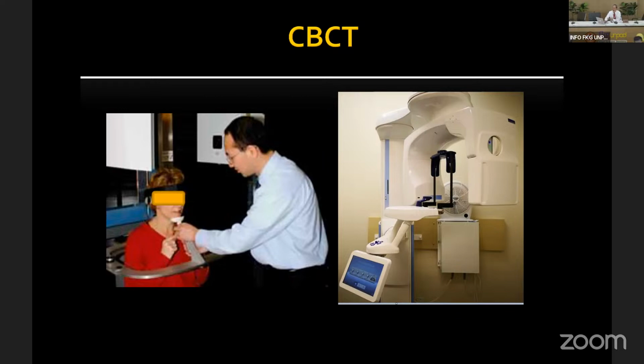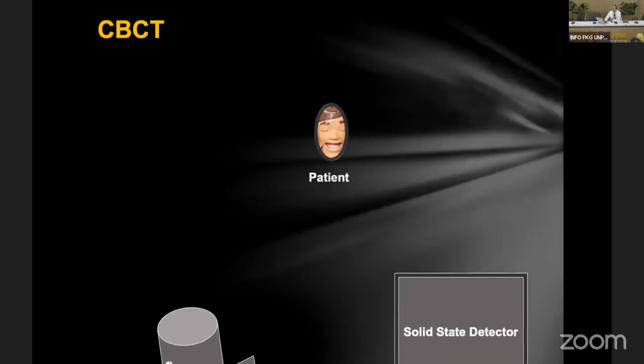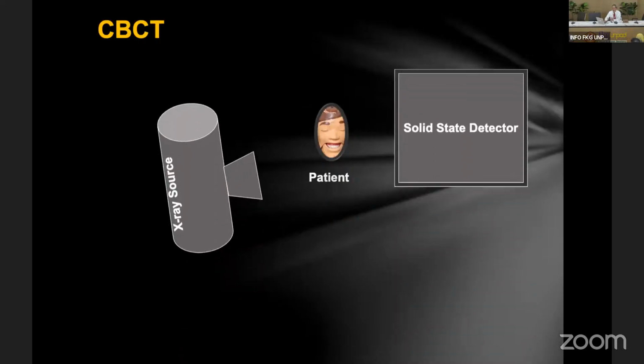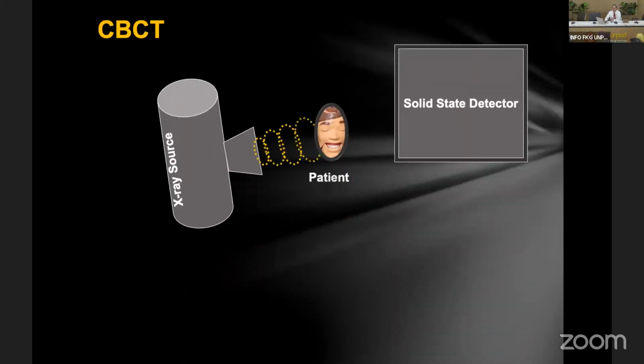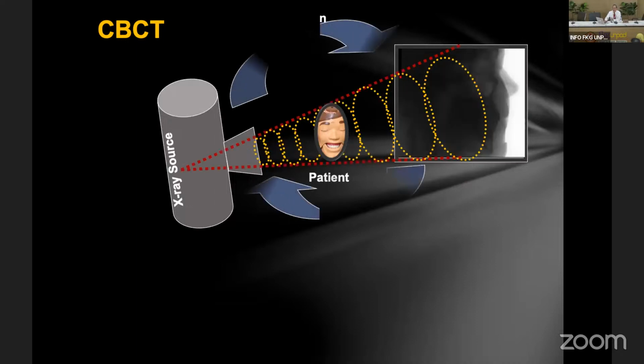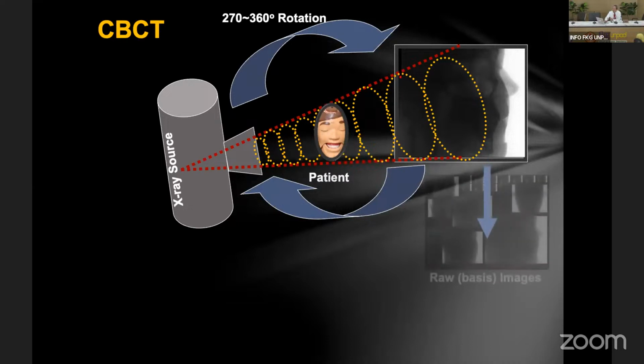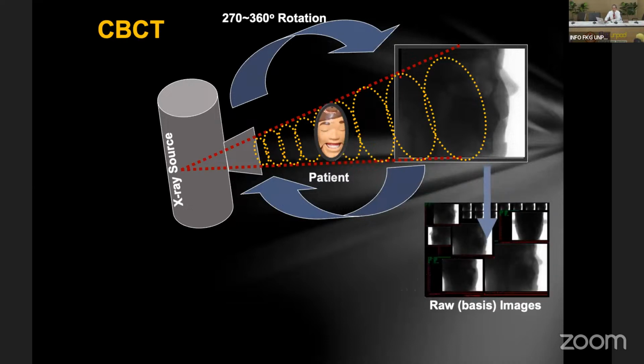You can sit or stand so that the patient is located between the source of radiation and the detector. Usually the source of radiation and detector rotate 270 to 360 degrees around the patient's head. During that rotation, you will get 150 to 600 raw image data around the patient's head.